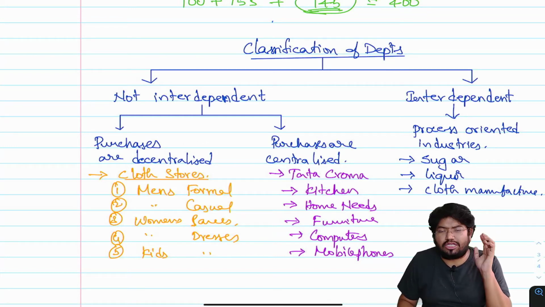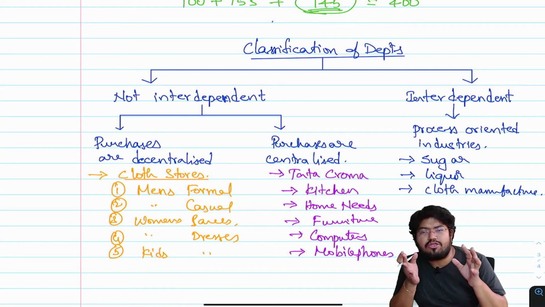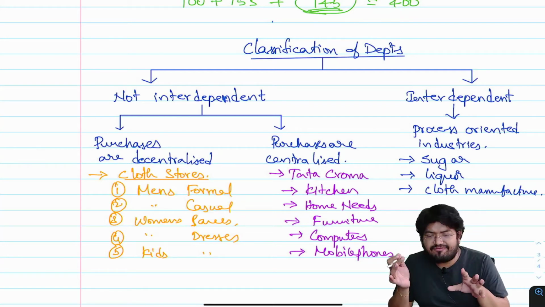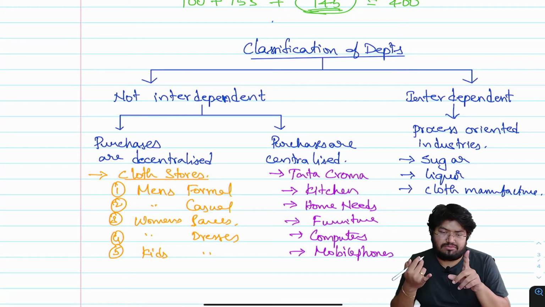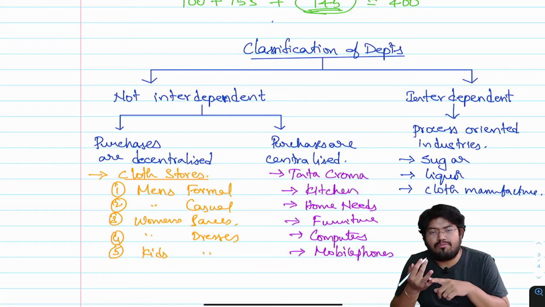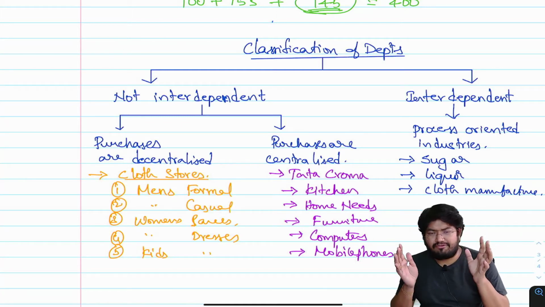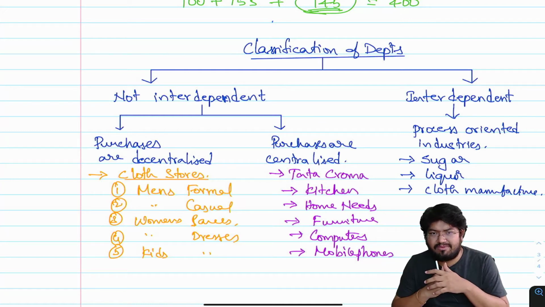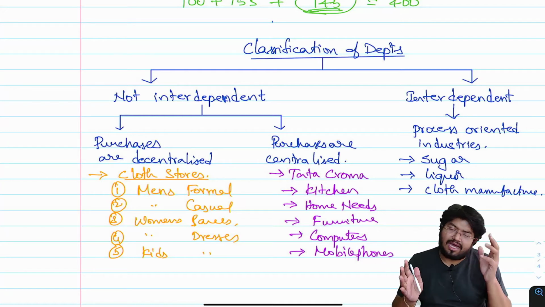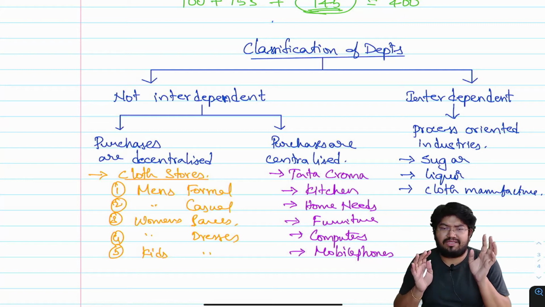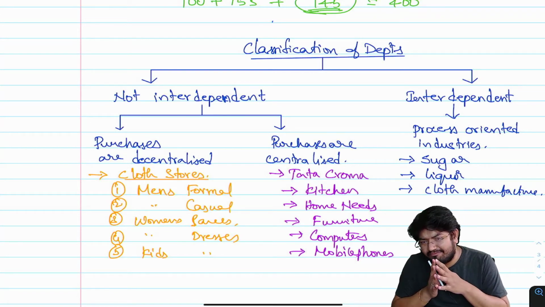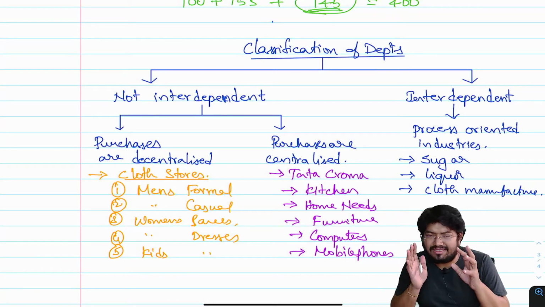Why it is possible is because, say for example, Tata Chroma goes to the LG factory to purchase kitchenware. LG factory has got home needs, that means TV, fridge or washing machine, everything is available with them. Furniture, a few parts of small sets of furniture are available with them, or computers are available with them, mobile phones available with them. So like this, there are varieties of appliances which are available in the same brand.